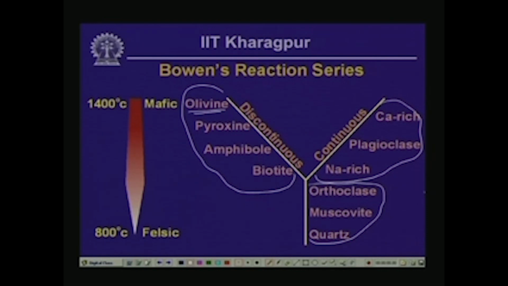So, you can see this gives a very important insight really. The precipitates that come out of solution at higher temperature, or the crystals that actually solidify at higher temperatures, are essentially mafic minerals, and the minerals that solidify at lower temperatures are essentially felsic minerals.